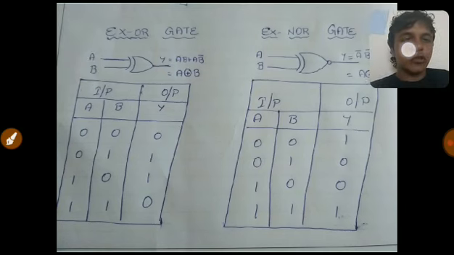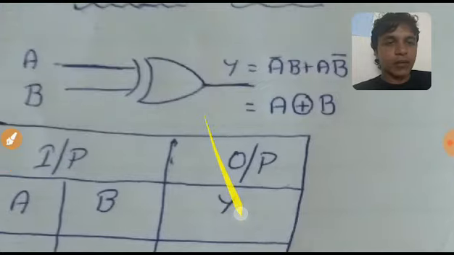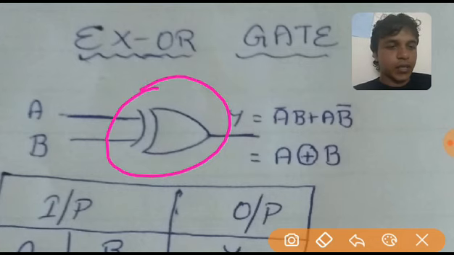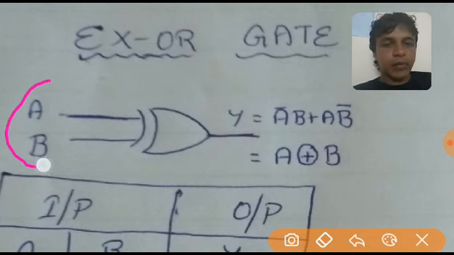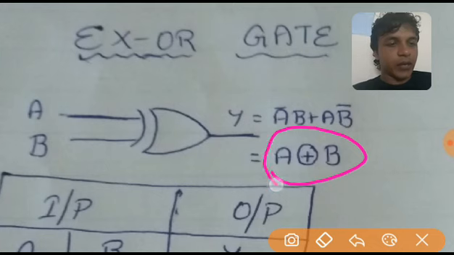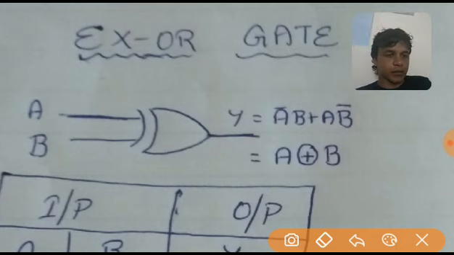Now, this slide shows the information about the XOR gate and the XNOR gate. Let us discuss the XOR gate first. This is the symbol of the XOR gate. A and B are the inputs and the output is A bar B plus A B bar, which can be written as A XOR B, and the symbol of XOR is a plus surrounded by a circle.